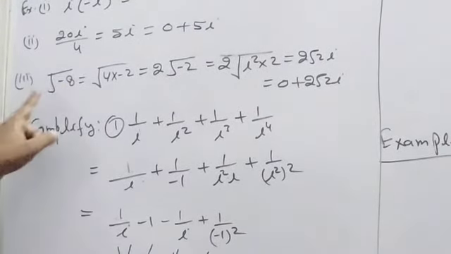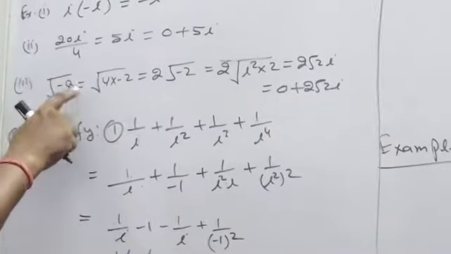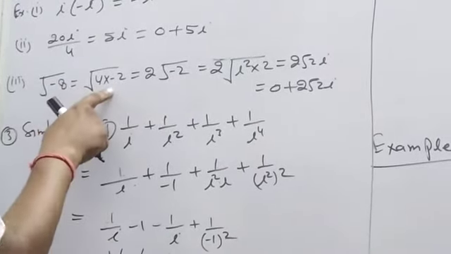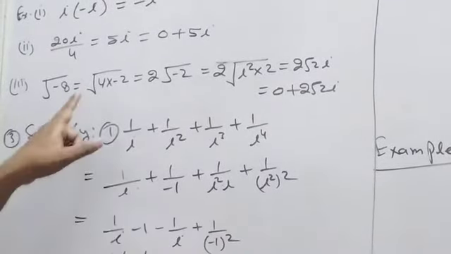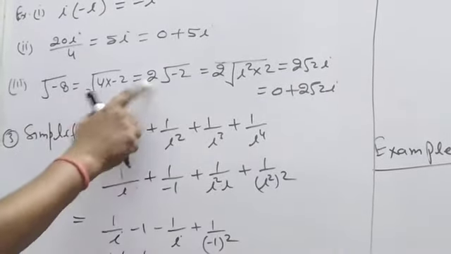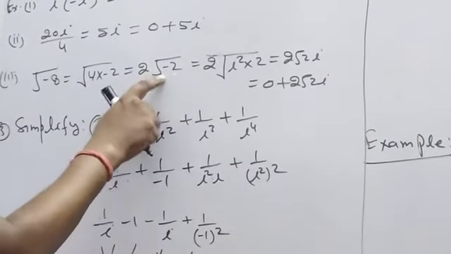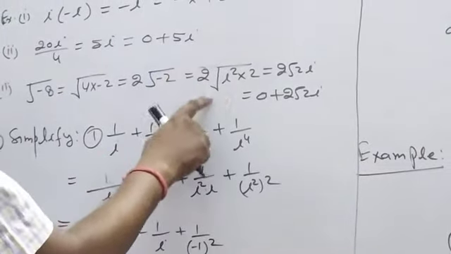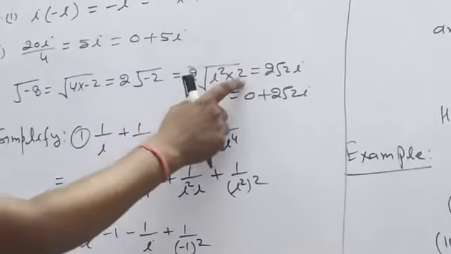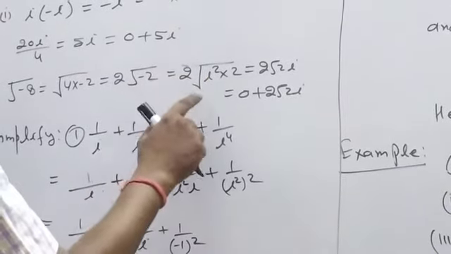Now see third part. Under root minus 8 is equal to under root 4 into minus 2. Then square root of 4 is 2. Therefore 2 into under root minus 2 is equal to 2 into under root i square into 2. Why? Because i square is equal to minus 1.